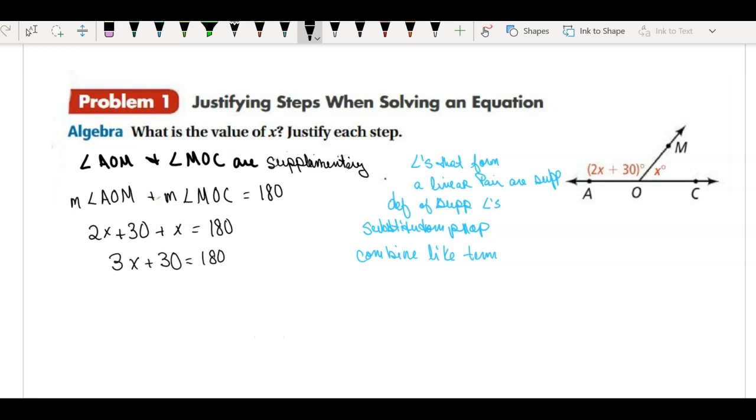So for this next step, I'm going to put 3x is equal to 150. Now how did I get there? I used the subtraction property of equality.